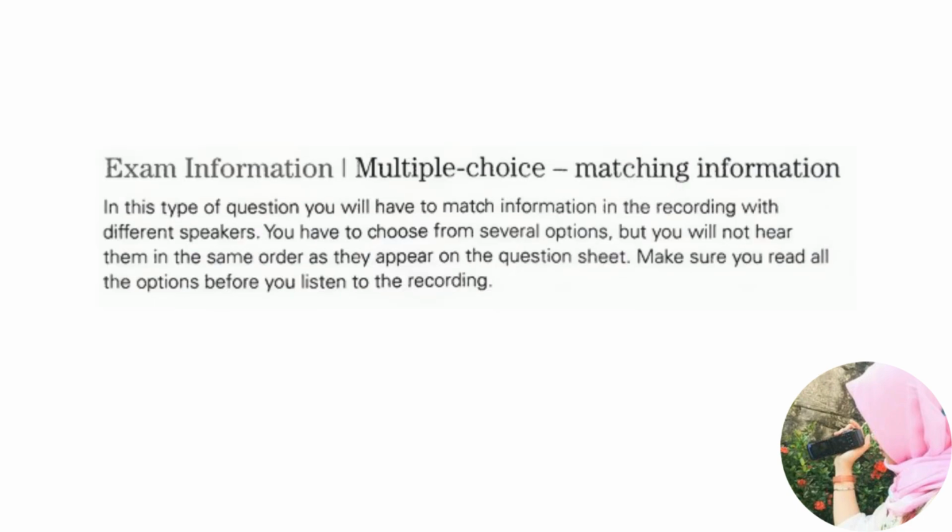Okay, before you move to the next track, track 29, you have to pay attention to this material related to multiple choice matching information. In this type of question, you will have to match information in the recording with different speakers. You have to choose from several options, but you will not hear them in the same order as they appear in the question set. Make sure you read all the options before you listen to the recording.